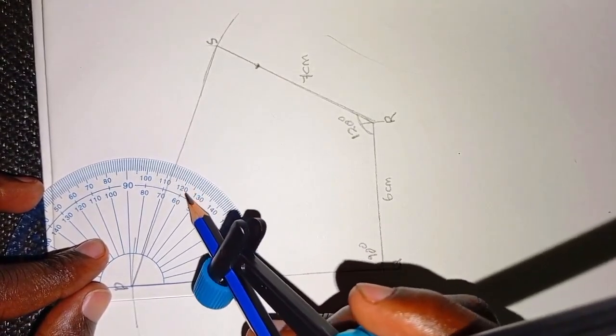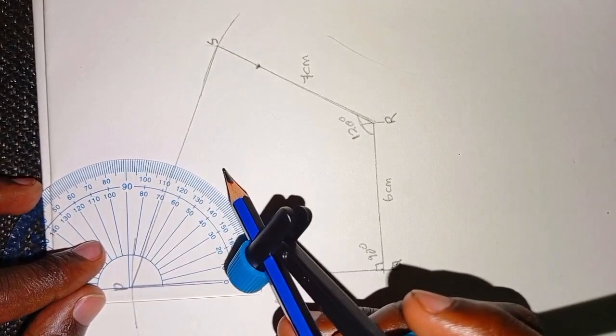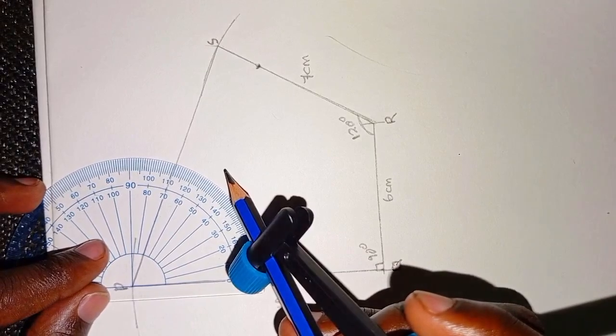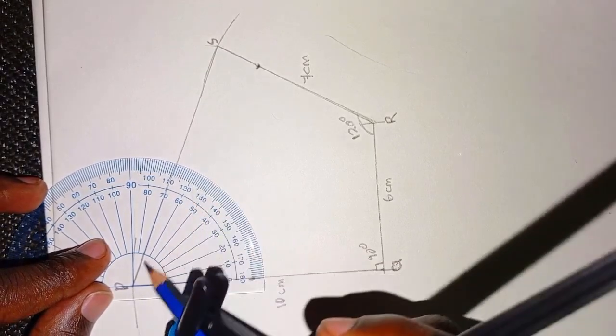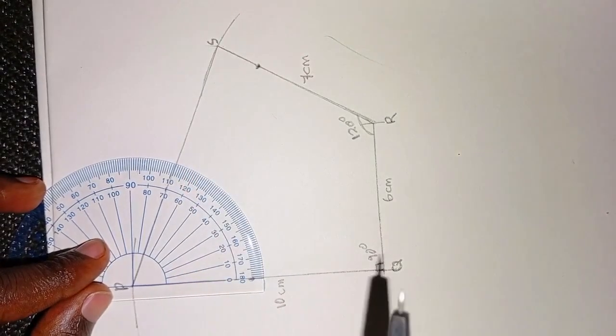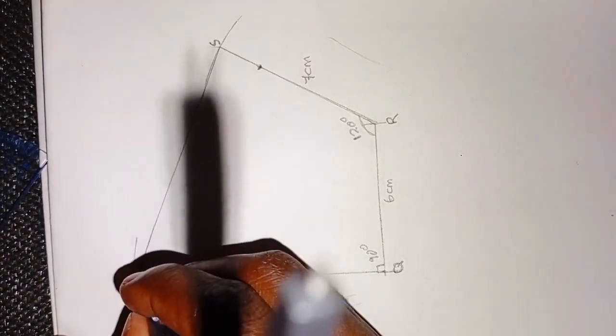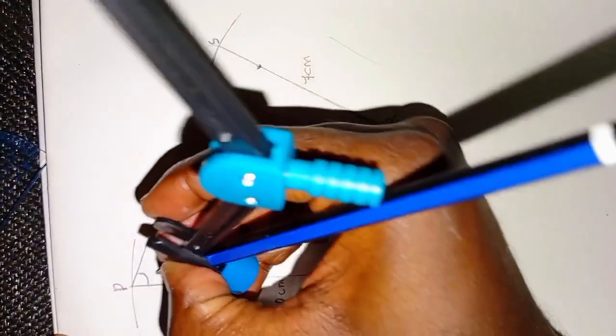This is not really 70, it's 60 something. Okay, if I put it like this, oh, 70, yeah, it's giving me 70 from 0. So here I'll just write this as 70 degrees.